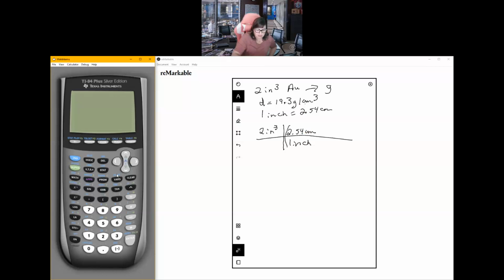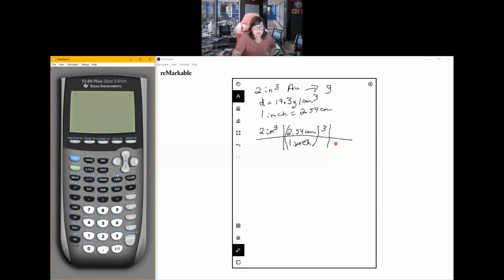I know that's not exactly going to work, because I'm going to have to cube the whole thing. That applies the cube to the 2.54 centimeters, and applies it to the inch. Once I have centimeters cubed, because that's what I'll be left with, I then need to use this density, which is 19.3 grams per centimeter cubed.